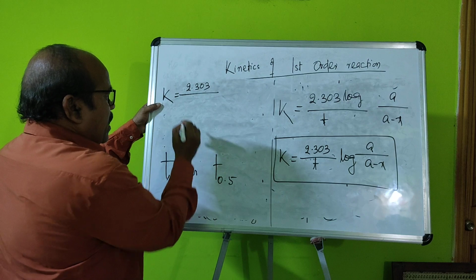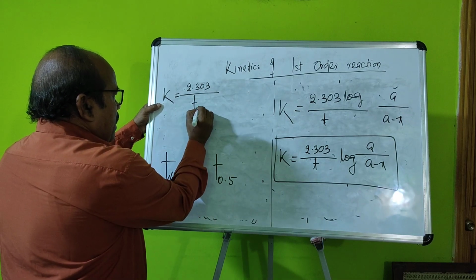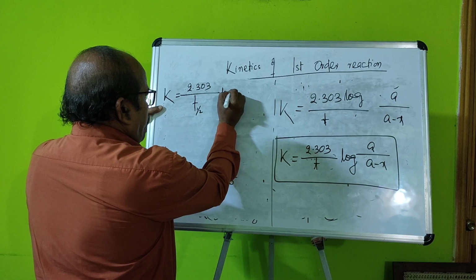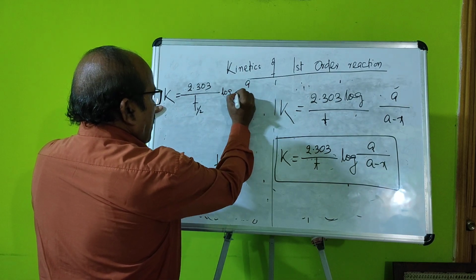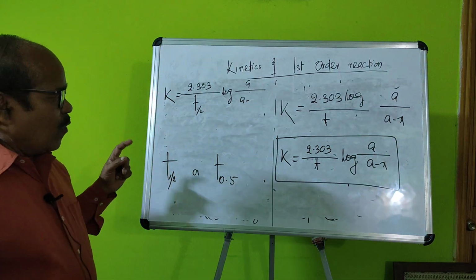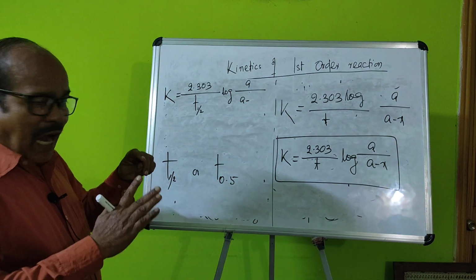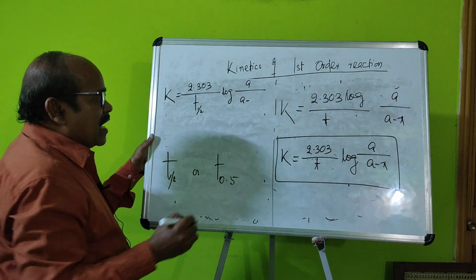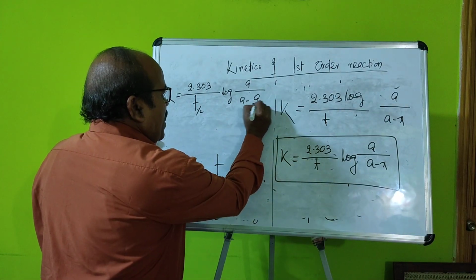In place of T, I shall write T half, log of A by A minus X. What is the value of X? Because the half of the reaction is completed, I shall not write X, rather I shall write A by 2.